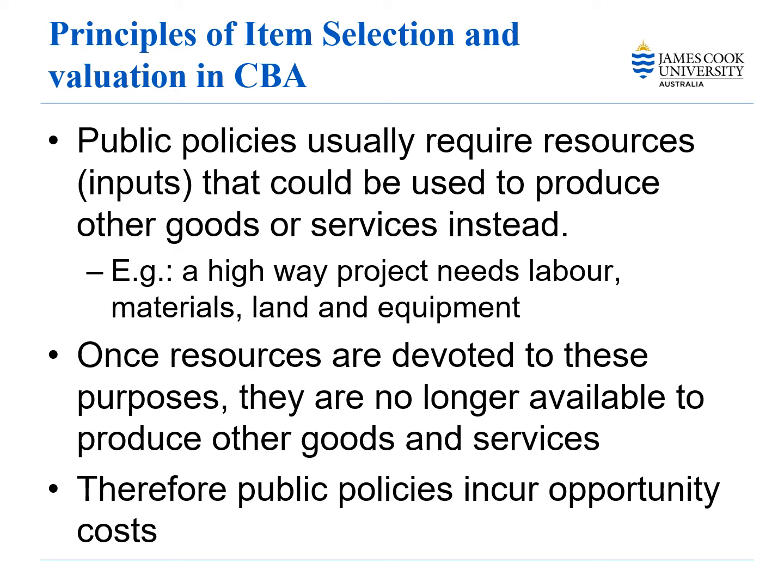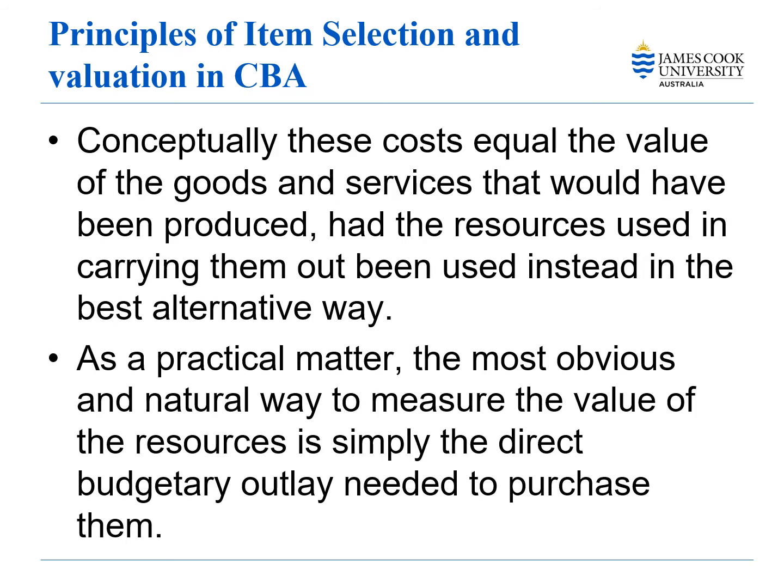So now there are opportunity costs associated with these policies. Conceptually, these costs equal the value of the goods and services that would have been produced had the resources used in carrying them out been used in the second best way, the best alternative way. In principle, we should measure it this way.